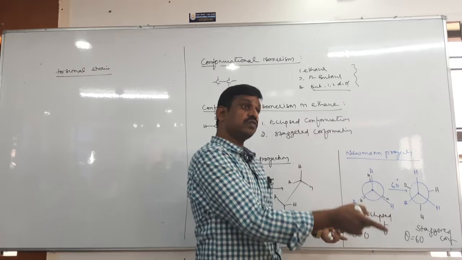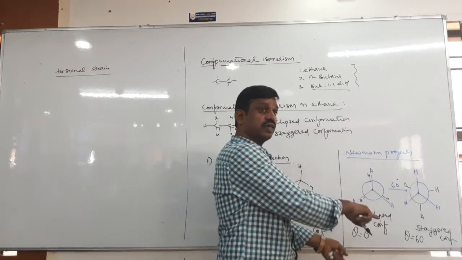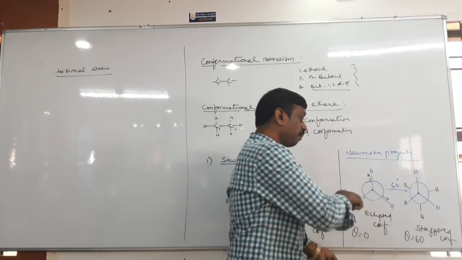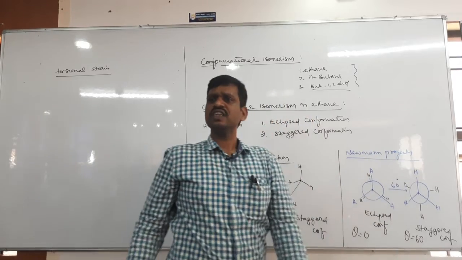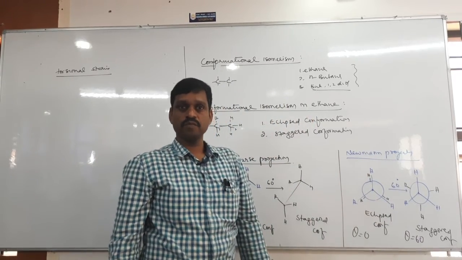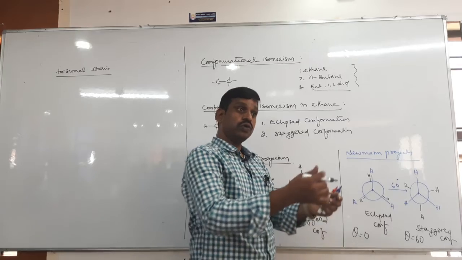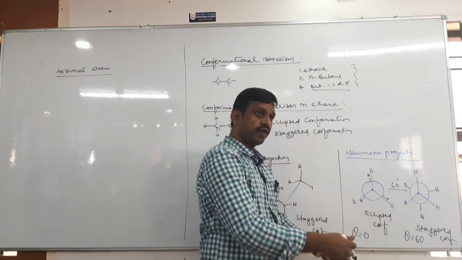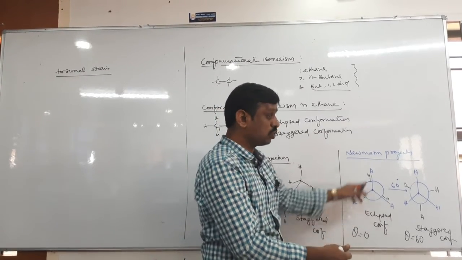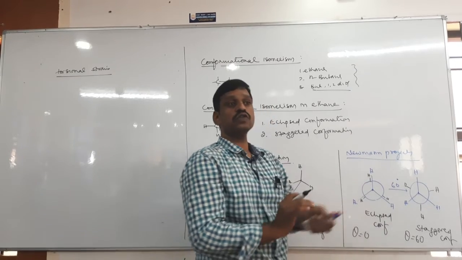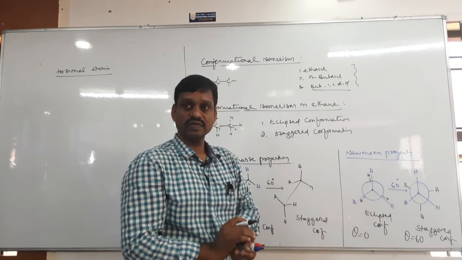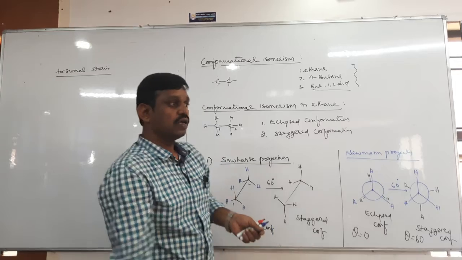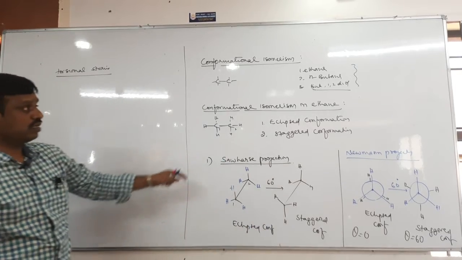The extra strain possessed by eclipsed compared to staggered is called torsional strain. Due to torsional strain, the eclipsed converts into staggered. Staggered becomes more stable, with less energy. So this is the conformational isomerism in ethane.